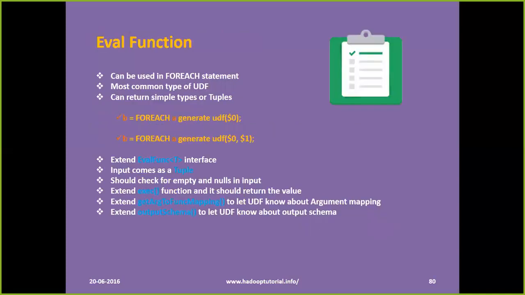An eval function is any operation that you perform, and you always mix that with FOREACH GENERATE, like you use in select clauses. In FOREACH GENERATE, you write the UDF and pass in the column on which you want to perform that UDF.